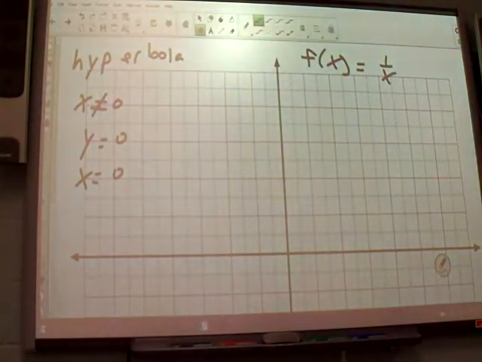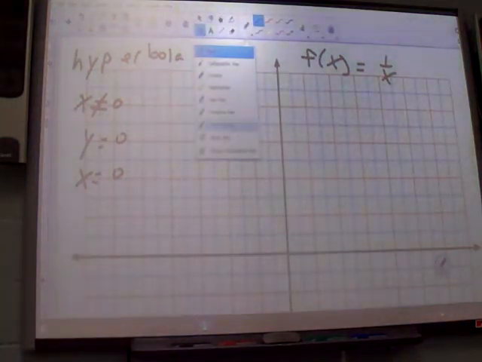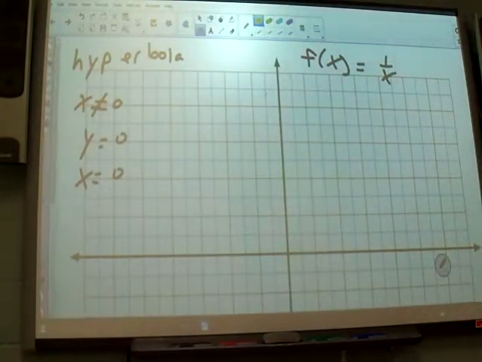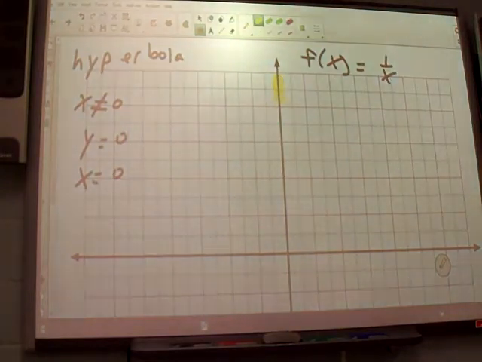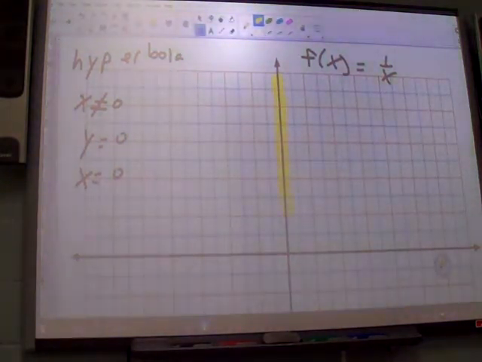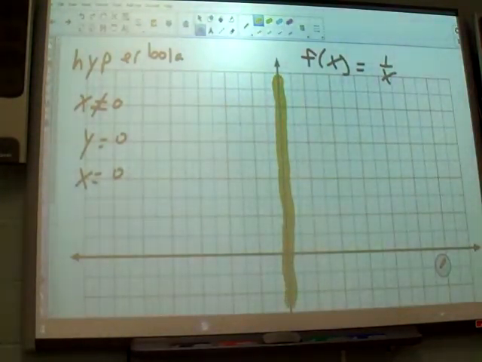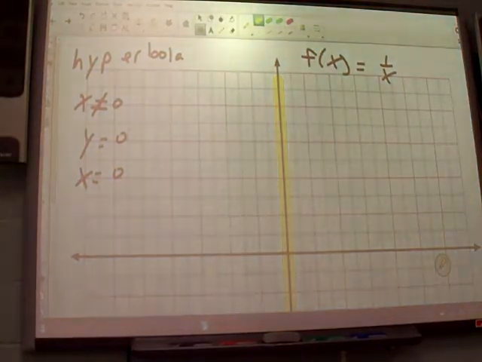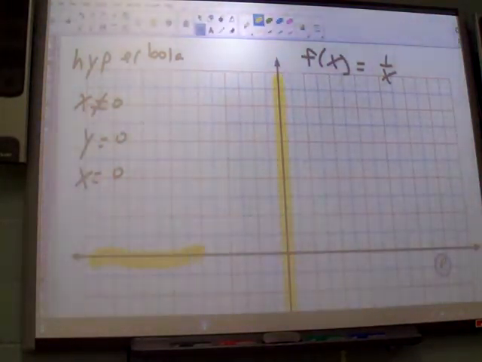I'm going to highlight them up there for us. Usually I'll draw my asymptotes with a dotted line, but since it's the axes, you wouldn't be able to see it very well.